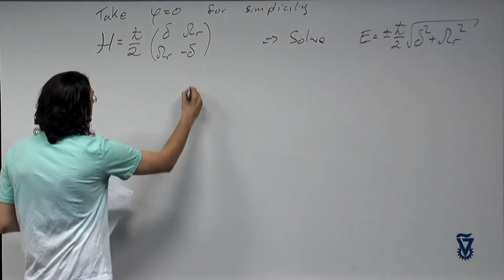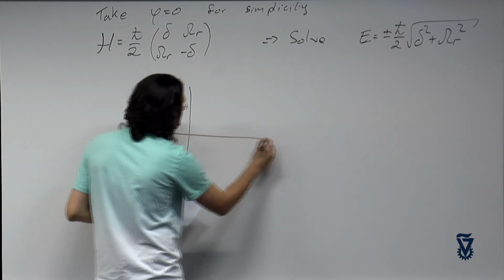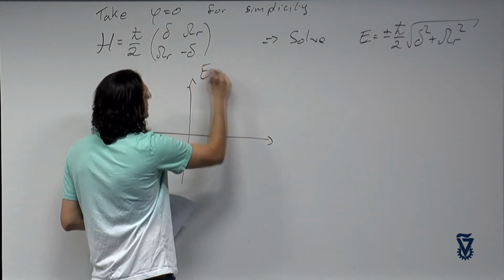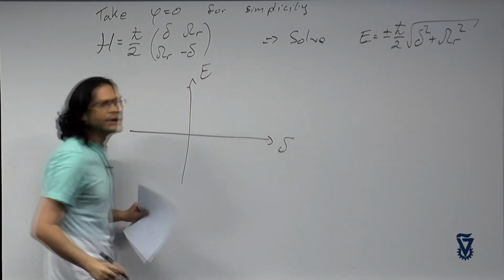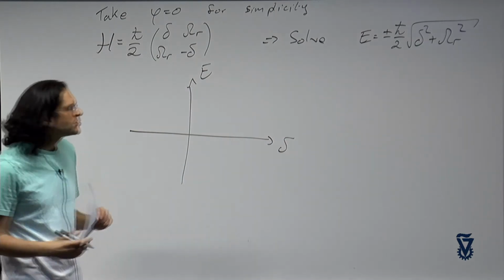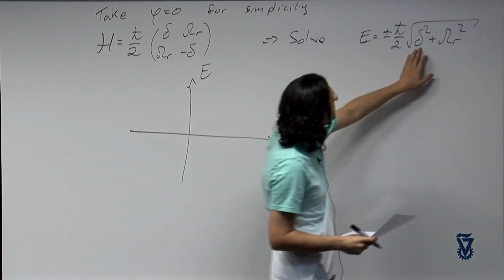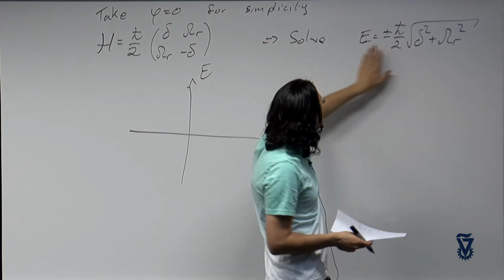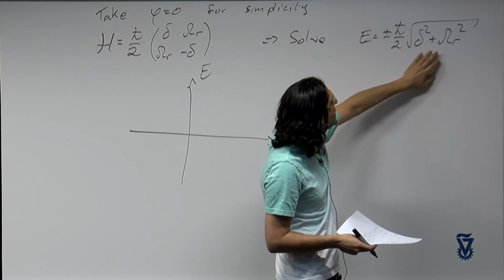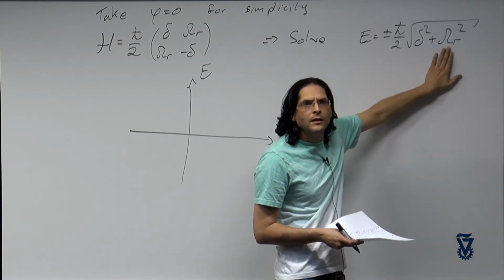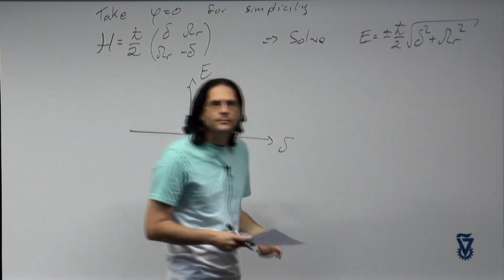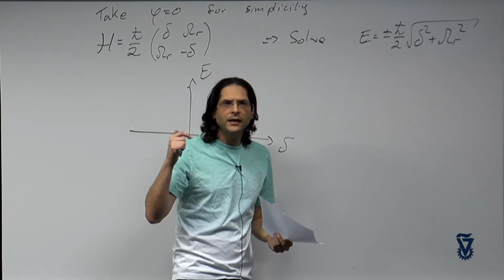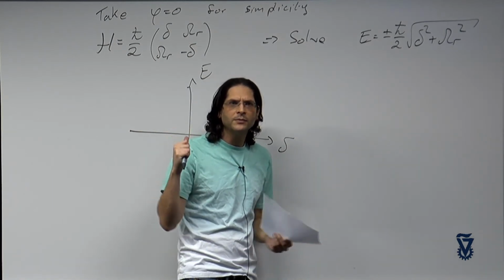And if we draw this, what I'm drawing now is the energy as a function of delta, the detuning. So if we're on resonance, delta equals 0, we basically get two states which are separated by the Rabi frequency. This is exactly the same as with the quantum spin.